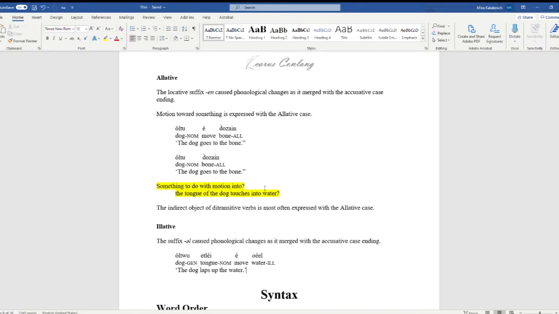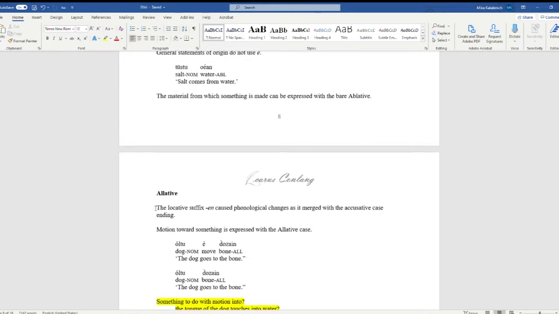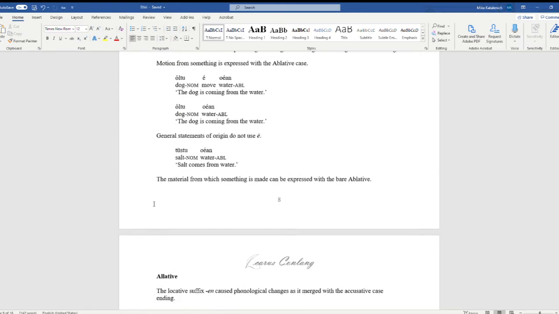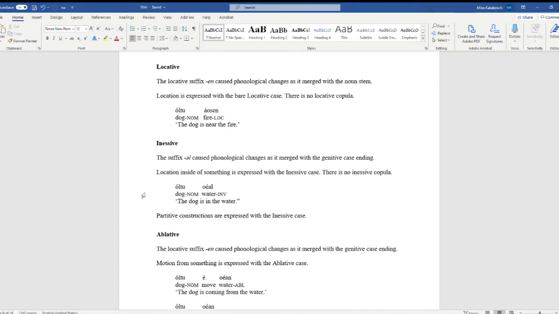Now, how do I want to do that as a normal sentence without using the illative? Because I don't necessarily want to use the illative very often. I think going toward an inessive makes sense. You're going toward being inside of it.